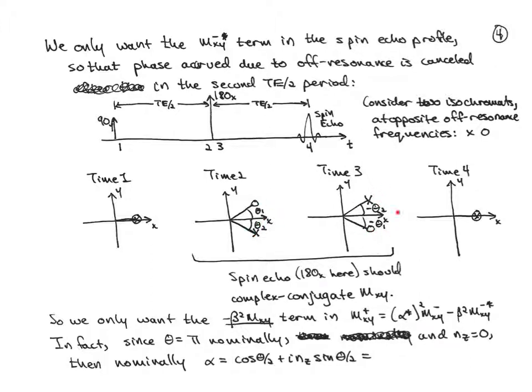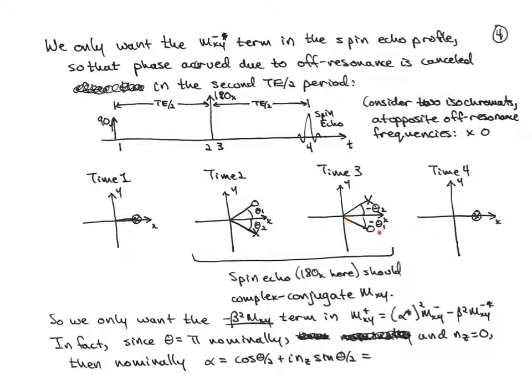And then you're left with this configuration. Now the X vector has minus theta 2 phase and the circle vector has minus theta 1 phase. So now the phases are complex conjugated. And because we've complex conjugated them, now the X here is going to accrue another theta 2 phase, right? Which is going to go this direction. So it's going to cancel out and it's going to move down here, back to the x-axis.